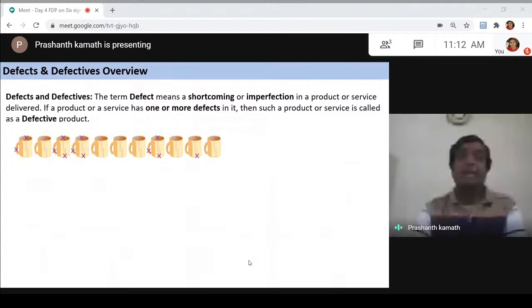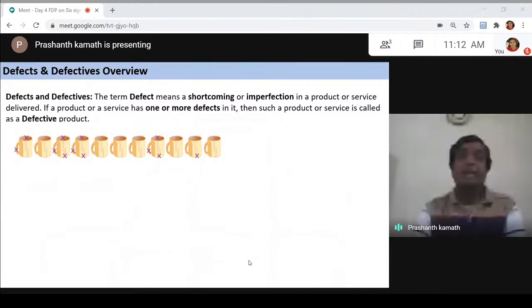It is telling that in some cups, the handle and the top portion of the cup is broken. In a few cups, the handle, the top and the base of the cup are broken. And there are some cups where everything is fine, right? There are 11 cups, and in some cups, some thing or the other is broken and the remaining cups are perfectly fine to use.